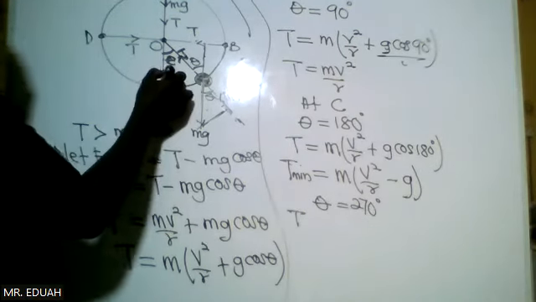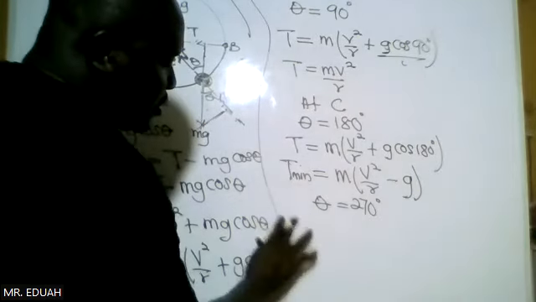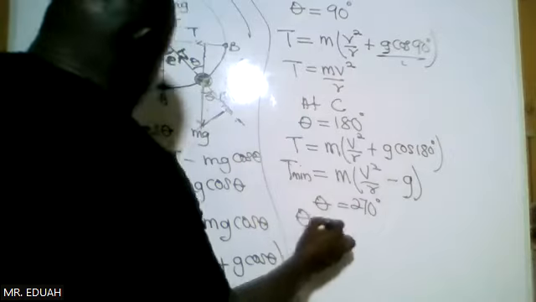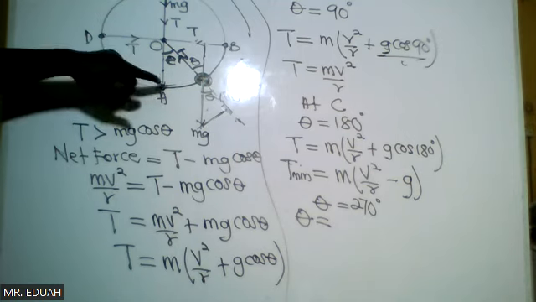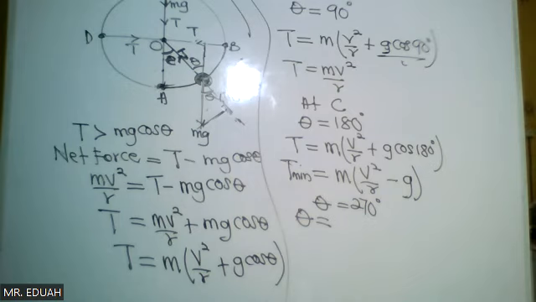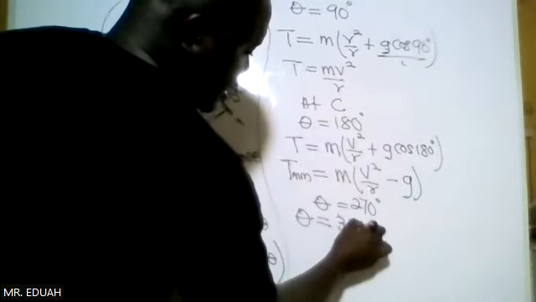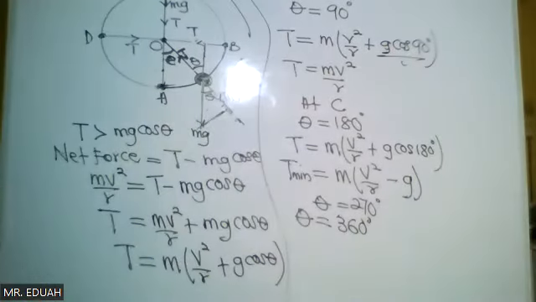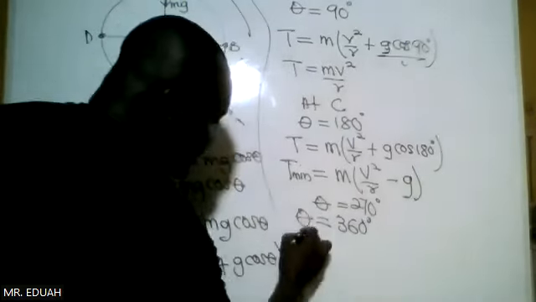Now, when the body revolves and then comes back to A, what is the angle? 360 degrees. So theta is 360. If theta is 360, put in 360, let's see what you have for the tension.